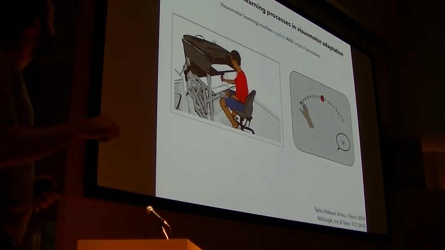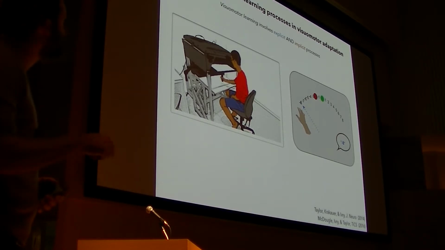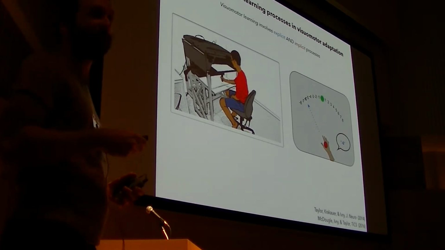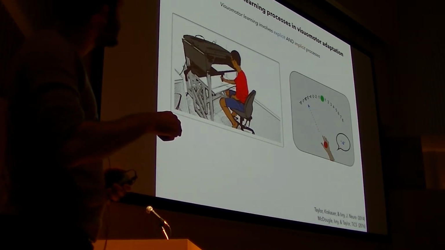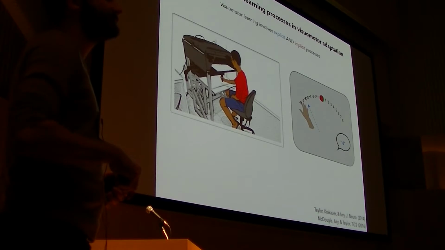Then you impose that rotation, and over time you'll see people drift, since the adaptation system doesn't care much about whether you hit the target or not, and then they'll adjust their aim downwards. So you actually create a sort of visual motor illusion, where people think they're reaching at 6, they're actually reaching out here, and that's allowing them to achieve task success.